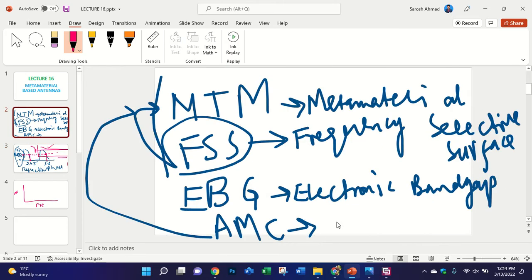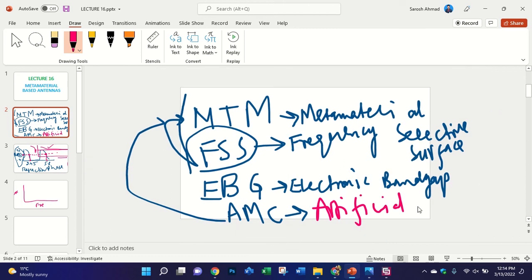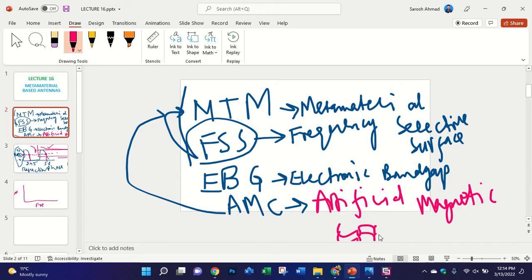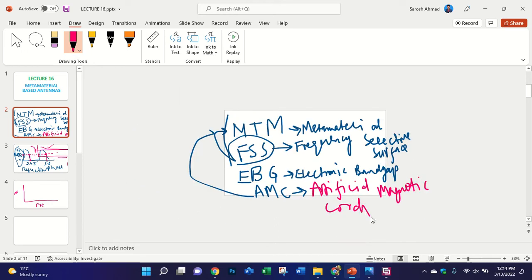Let me write the name, artificial magnetic conductor. We have four names. The first one is MTM, metamaterial; FSS, frequency selective surface; EBG, electronic band gap; and AMC, artificial magnetic conductor.